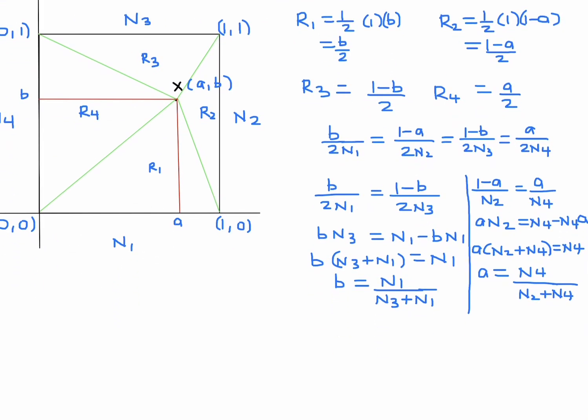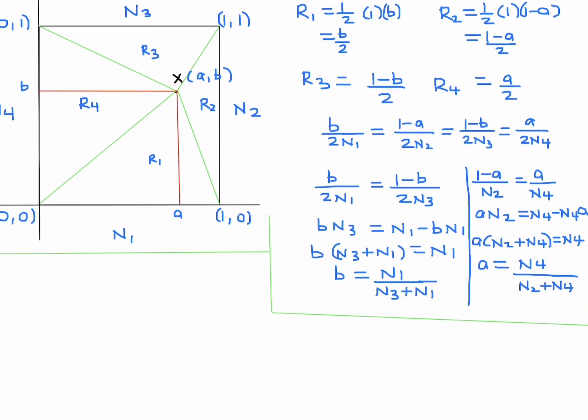All right, now this is a very important part of the question. Look back up here, R1 and R3. If you were to add them, R1 plus R3, what do you get? You get B over 2 plus (1 minus B) over 2, and that is equal to 1/2.